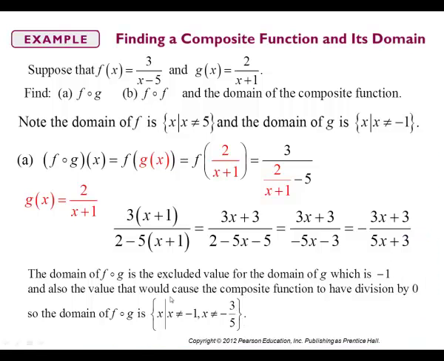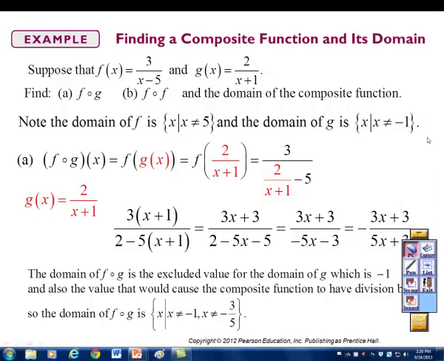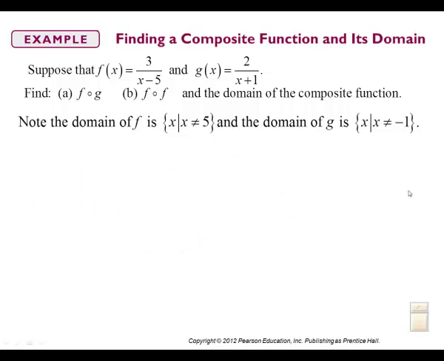So here we have, this is the domain for g of x, and this is the domain for the composite, f of g. Alright. And we'll be doing another one of those in class.